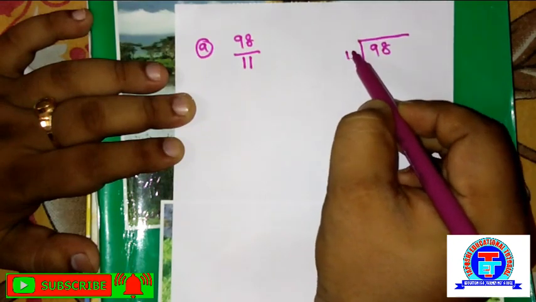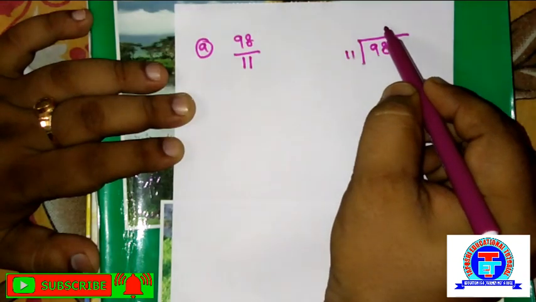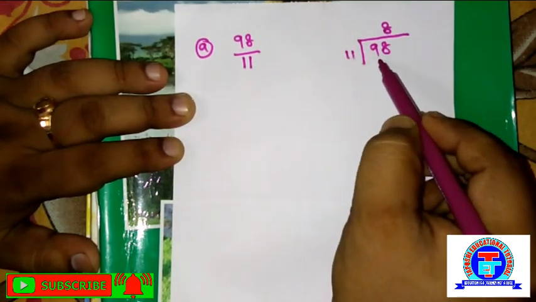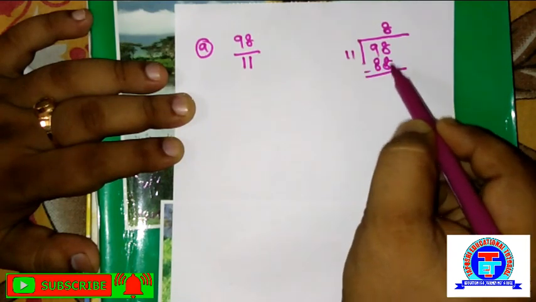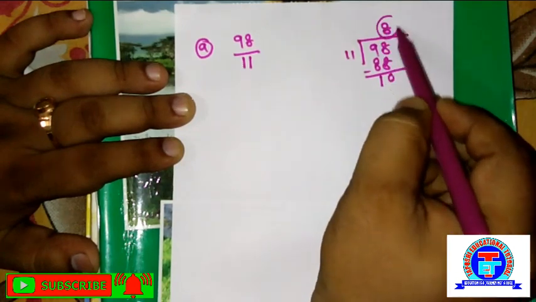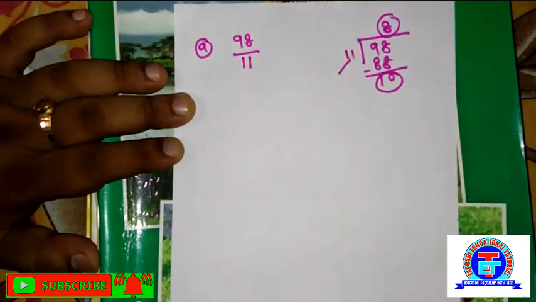98 divided by 11, right? So here 8 elevens are 88, right? Here we subtract, we get 0 and 1. This is the quotient part, this is the remainder part, and this is the divisor, right?